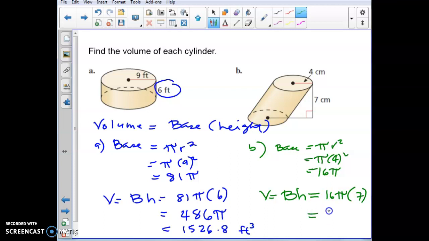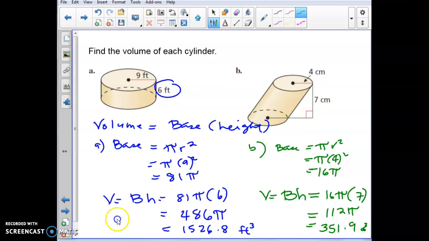So this will become 112 pi. So go ahead, let's do that in the calculator. 112 times 3.14, and round that off to the nearest tenth. It will be approximately 351.9 cubic centimeters.